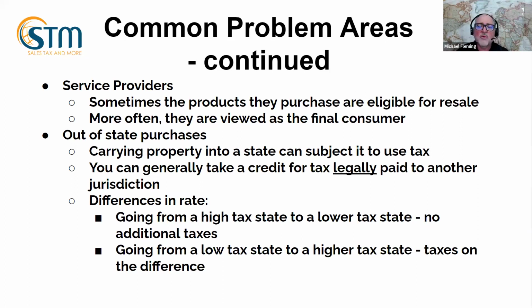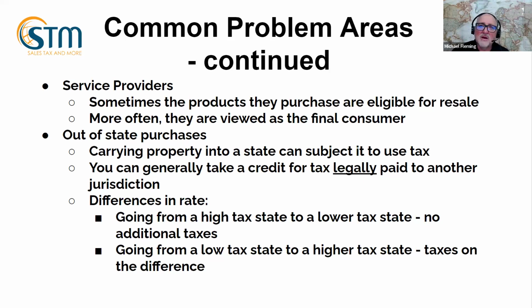What I need to do is take a credit for the tax I paid in Oklahoma if it was legally due, but now I have to pay a tax on the difference in rate. So if I paid 6% in Oklahoma and it's 8.25% here in Texas, then I have to pay 2.25% to the state of Texas because that 6% I get a credit for.